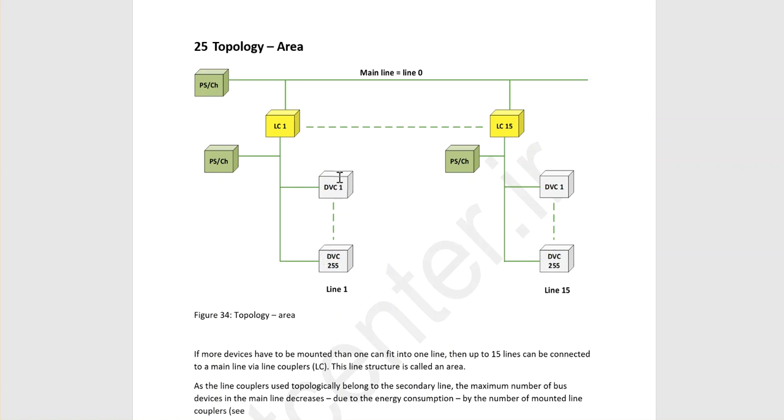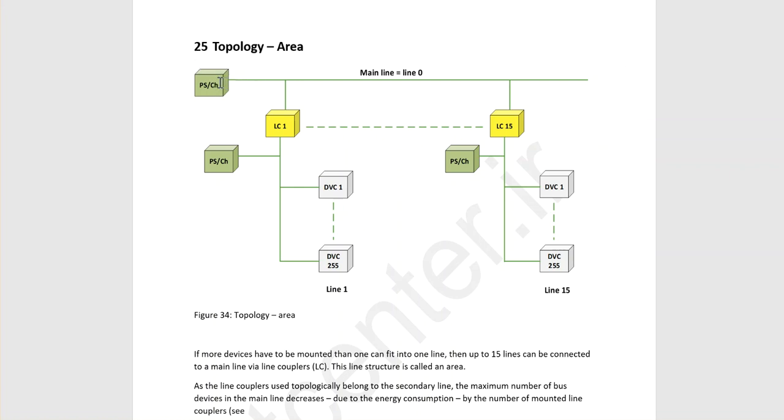So you put device 1 in line 1 with power supply and choke and extend it to 255 devices plus the line coupler is 256 devices, and then you connect it to another line and another line until 15 lines with the line coupler. And you make one area.